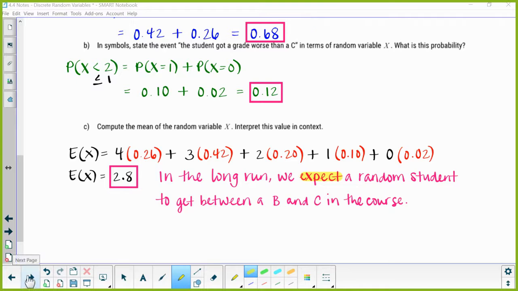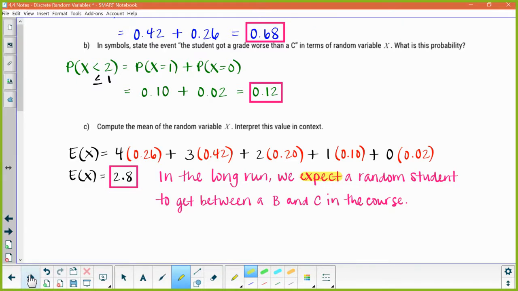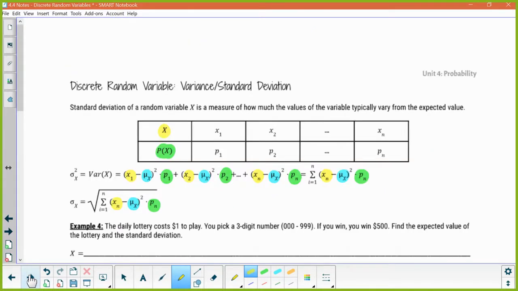Okay, now that we've done expected value, we are going to look at standard deviation. With standard deviation, we typically cannot calculate it straightforwardly just by looking at the values. We have to calculate something called the variance first.